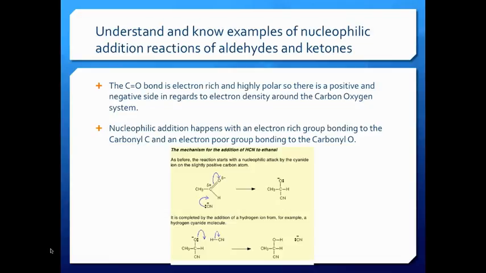carbonyl oxygen. If you look at the mechanism, that mechanism looks familiar. It is a carbocation. Notice the carbon on the double bonded O has a positive charge and attracts, in this case, the cyanide electron-rich atom.